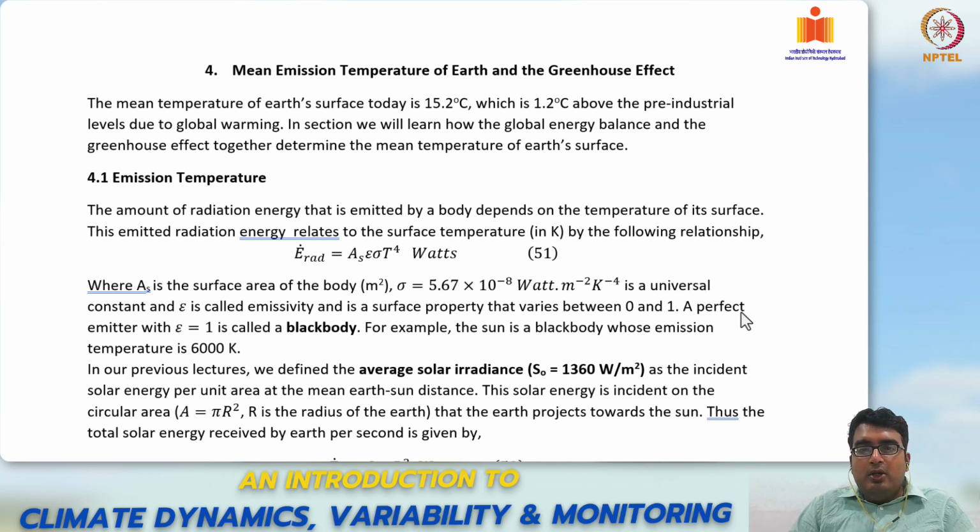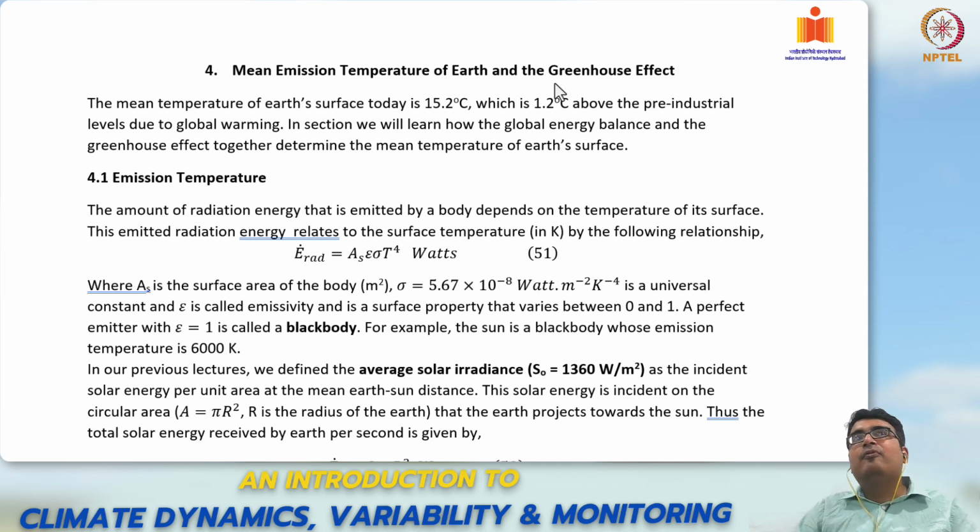So, today's topic is the mean emission temperature of Earth and simple greenhouse effect models. What do we mean by mean emission temperature? Suppose you have a satellite that is rotating around the Earth and is situated in space. If it looks towards the planet Earth and tries to measure the average temperature of the planet Earth, what will that temperature be?